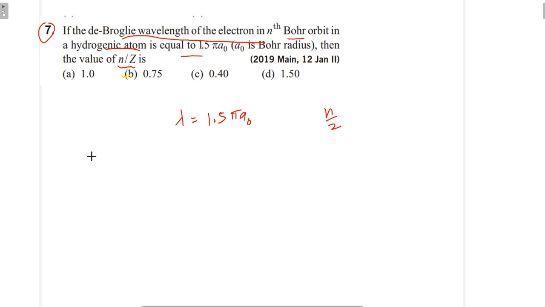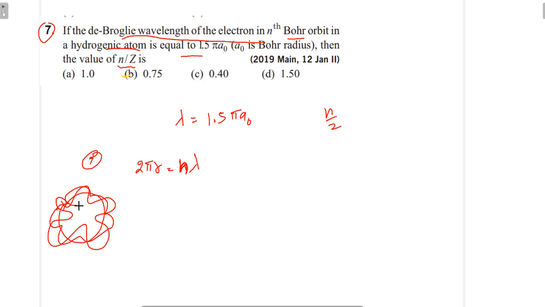According to Bohr's atomic model, 2 pi r equals n lambda. 2 pi r means, see this type of graph, have you seen that? Actually he told a circular path, and later it was proved that 2 pi r is equal to n lambda, so there are some number of waves. One formula we know already.